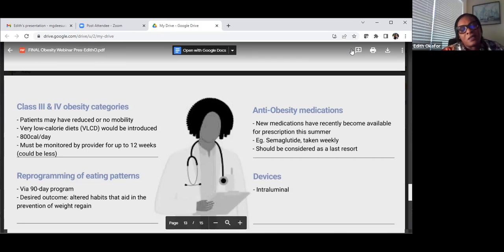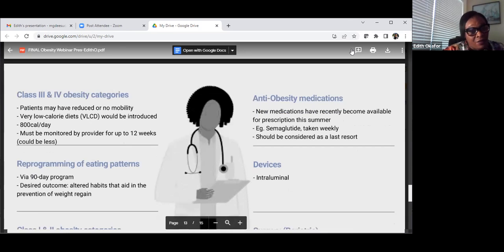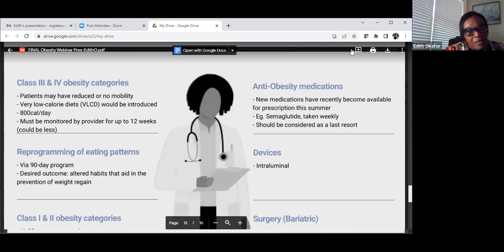This takes a large chunk of the consultation because it's a way of changing a patient's habit. And this is very important because if you've taken time to lose the weight, drinking shakes for 12 weeks, and you were successful, you might as well do something so that you never come back to being obese again. That's what the 90-day program is dealing with, and it's very, very successful, okay?